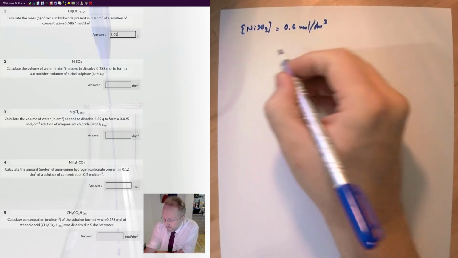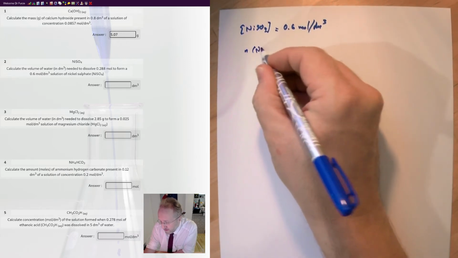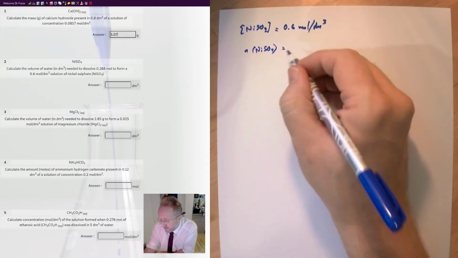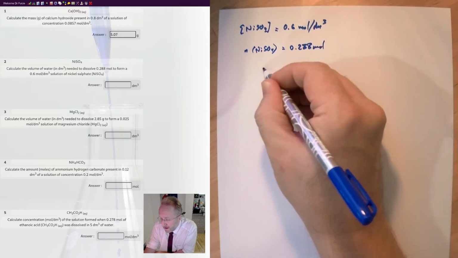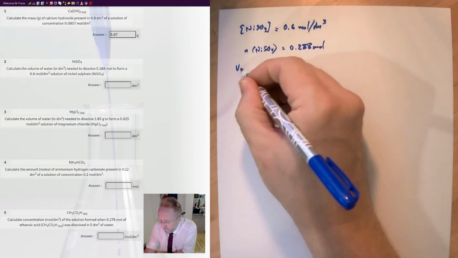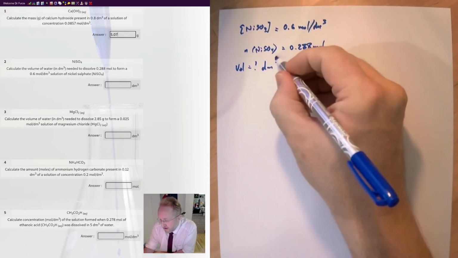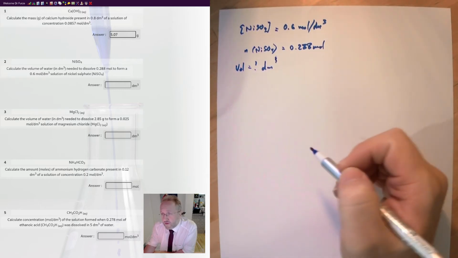We have the amount, or the moles, of nickel sulfate. The number of particles we have is 0.288 moles, and we want to know the volume in decimeters cubed.